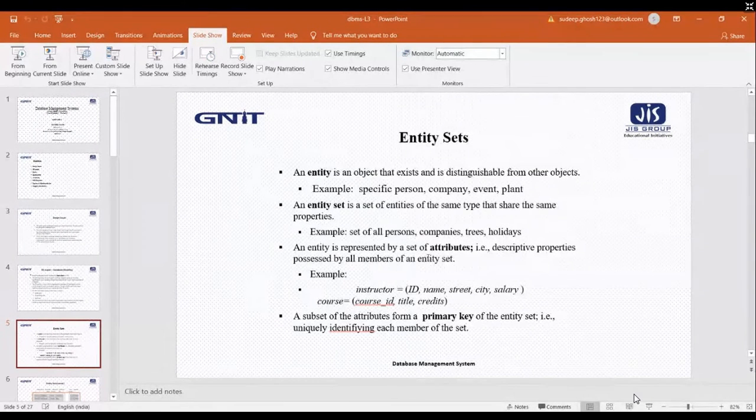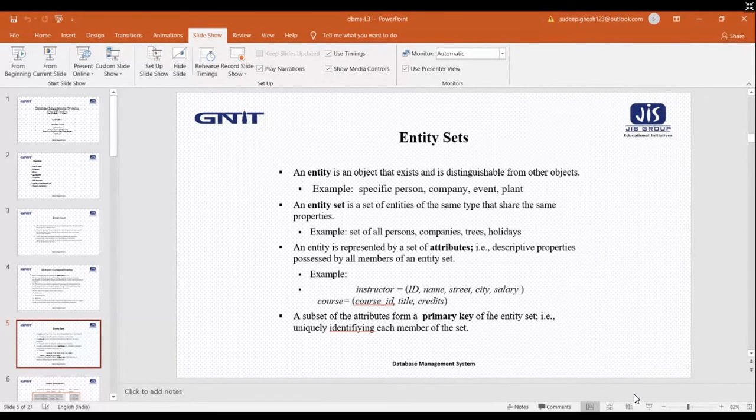Now, an entity is represented by a set of attributes, descriptive properties possessed by all the members of an entity set. Look at this here. We are writing that an instructor or teacher basically consists of these attributes. You may say that it is the schema of an instructor, consisting of these attributes.